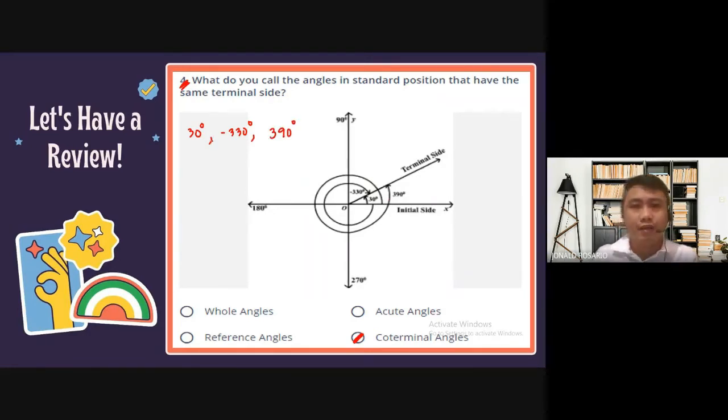So, these three angles or three measurements of angles, no? Kasi itong mga ito are just measurements, no? Okay?